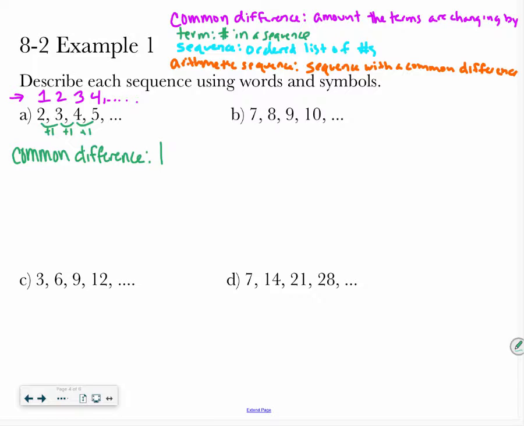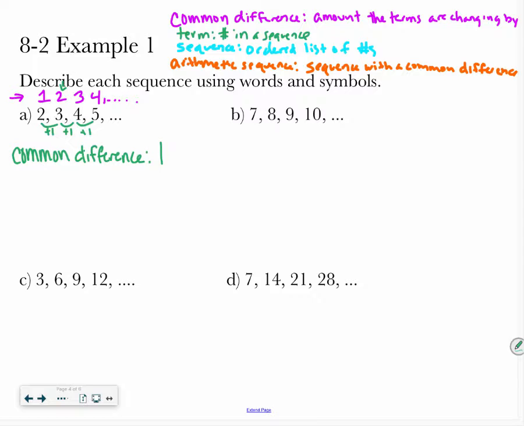So as you think about this, if we look at 1, that's our term number. 2 is just 1 more than the term number. And if we look at 2 and 3, 3 is just 1 more than the term number. Our third term is 4, which is 1 more than our term number.